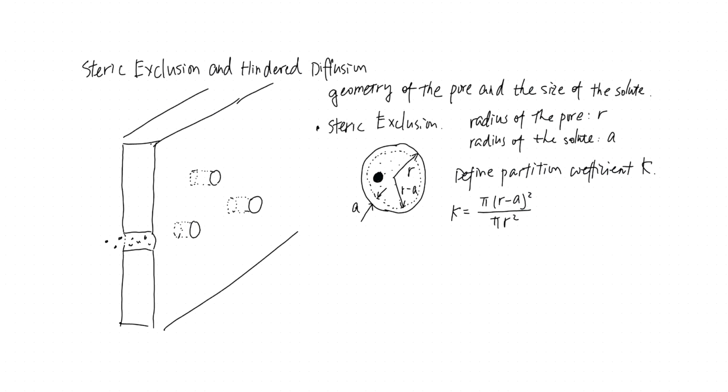Then you can cancel pi, and you get K equals (1 minus a divided by r) squared. This is the partition coefficient.